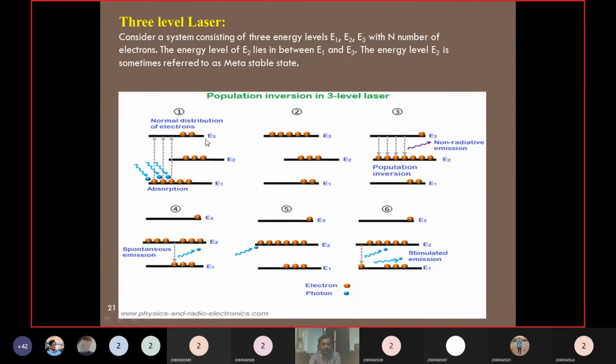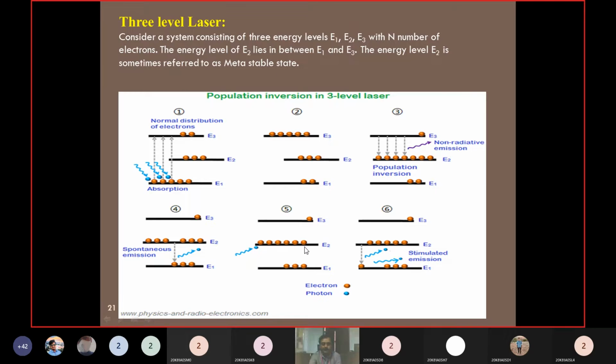The number of electrons depends on the lifetime of the state. E3 has a very short lifetime compared to E2. That's why the number of electrons in the E2 level is greater than in E3. So population inversion occurs between the E2 and E1 levels.